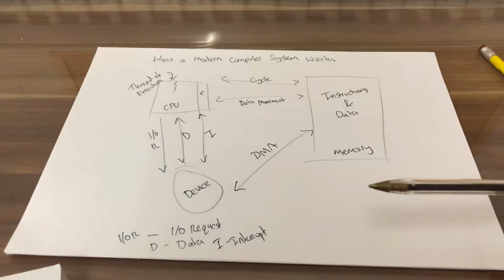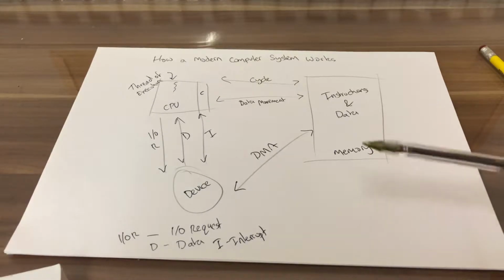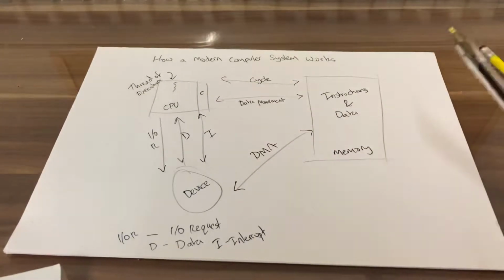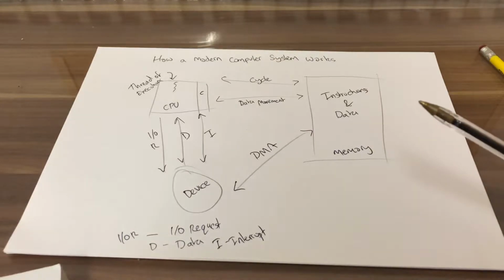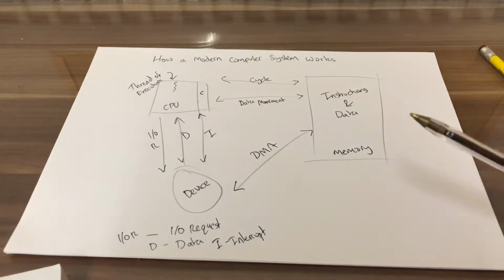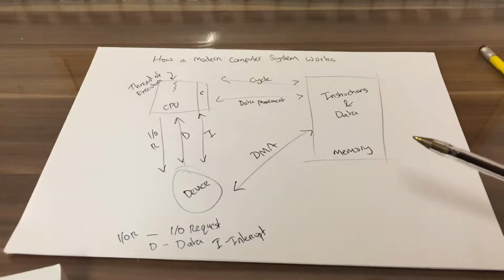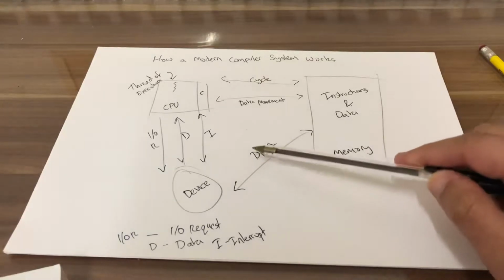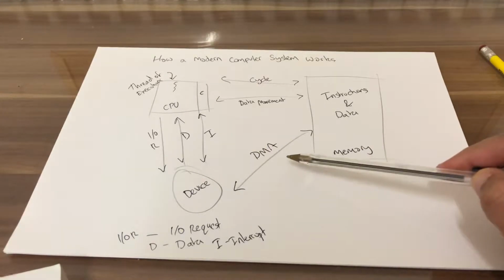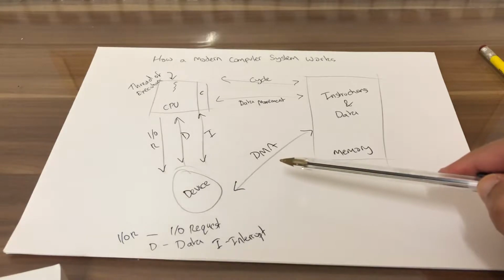This form of interrupt-driven I/O is fine for moving small amounts of data but can produce high overhead when used for bulk data movement such as disk I/O. To solve this problem, we then have DMA, which is direct memory access.